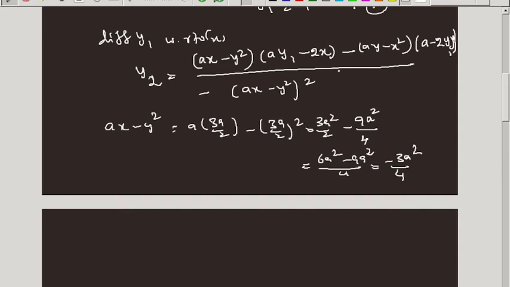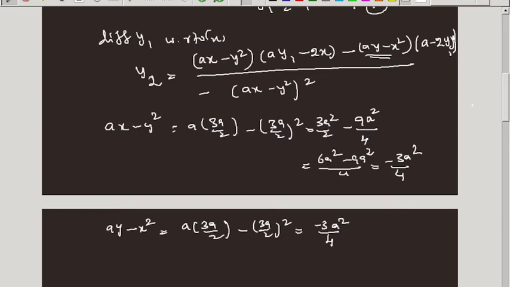And here we have the same form, a into y minus x square, which is a into 3a by 2 minus 3a by 2 whole square. We are having the same form, so we get the same answer, 3a square dividing by 4.